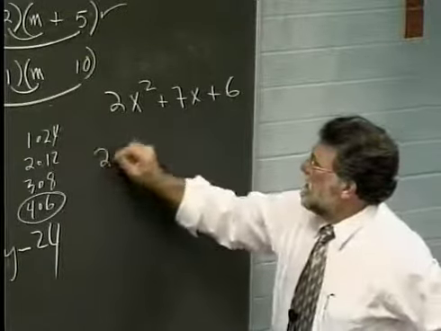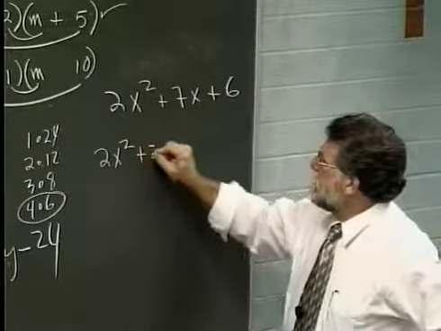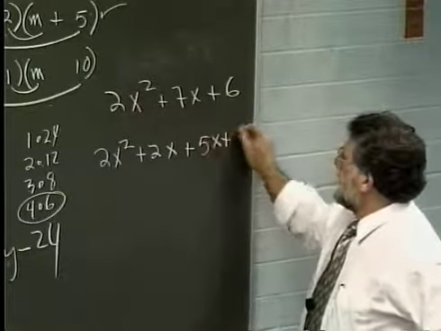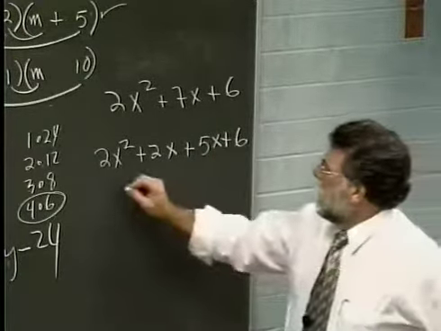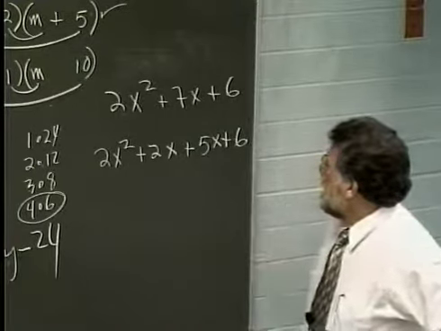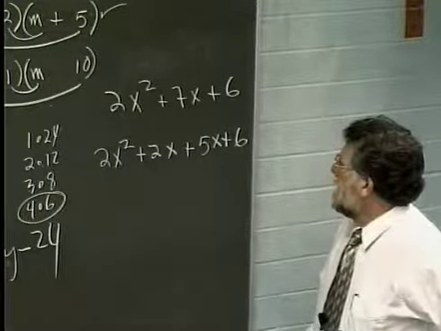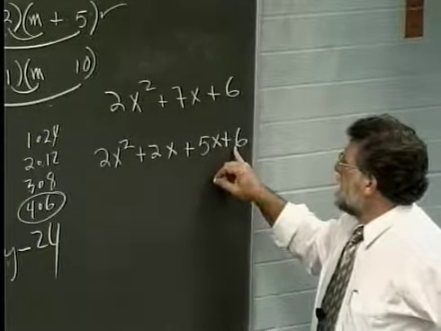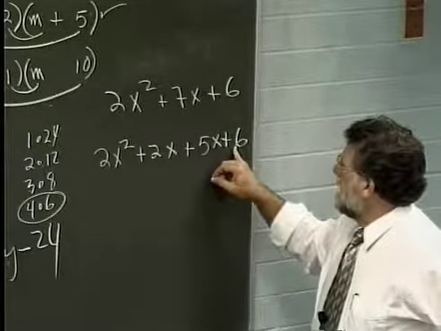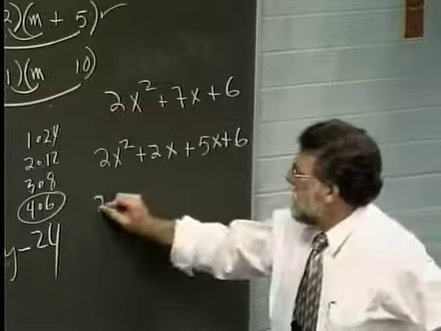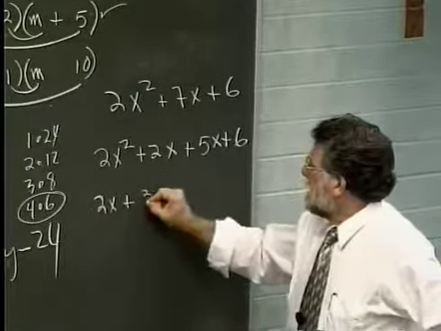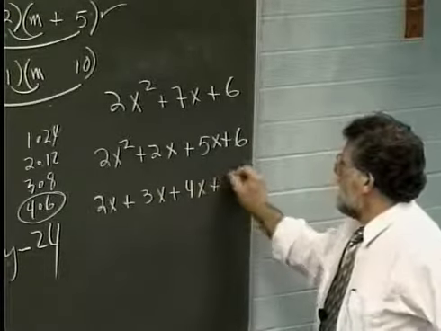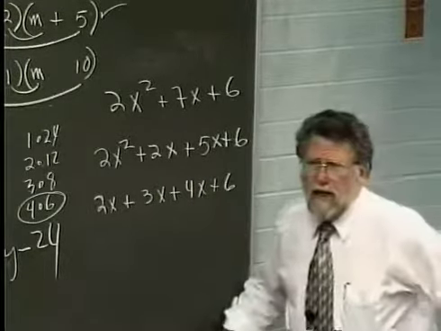So what I'm going to consider is something like this, as one possibility. Another one, 3 and 2. And that's not looking so hot here. And so what I'm going to think about for the moment is maybe 2x squared plus 3x plus 4x plus 6.